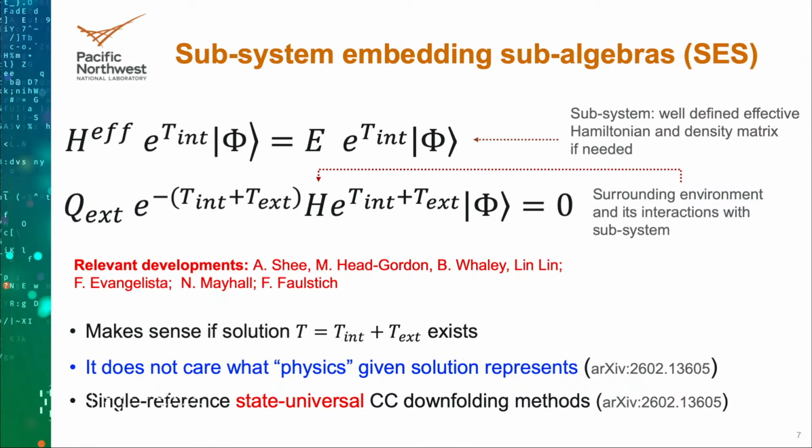So there is the whole rest of the world given by those equations. You can see this first equation as a subsystem with a well-defined effective Hamiltonian, while this part defines the interaction of your system with the surrounding environment and describes the surrounding environment itself.